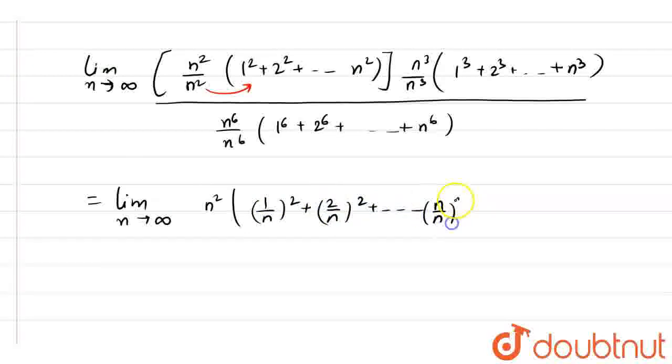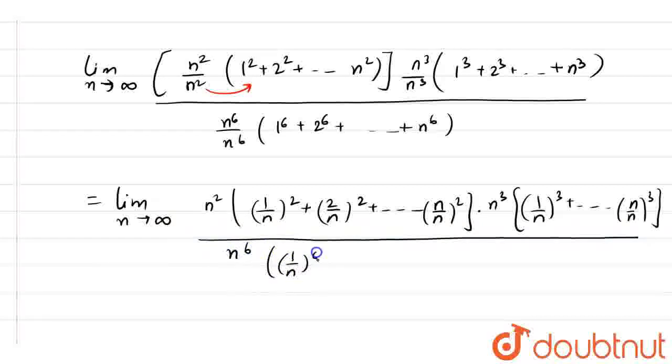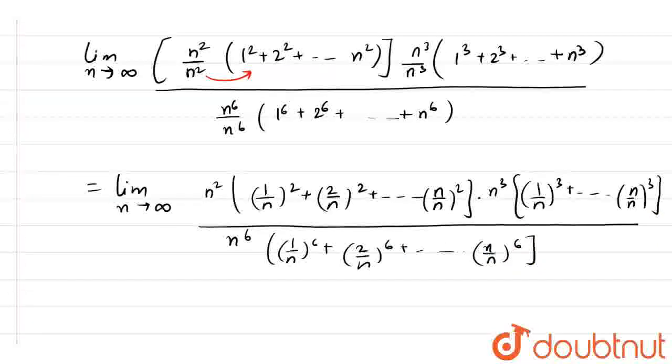Similarly here also I can write n cube, and we have (1 by n) cube and so on up to (n by n) cube, this whole divided by n to the power 6, and here we have (1 by n) to the power 6, (2 by n) to the power 6 and so on up to (n by n) to the power 6.